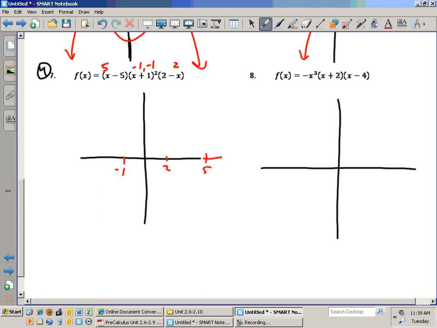Real quick, let's draw it, and then you can go. This is a fourth degree, so it's going to start down and finish down. What happens at -1? A double root. It's negative due to this negative x right there. So that's what it does.